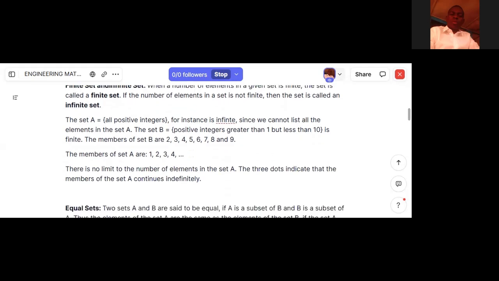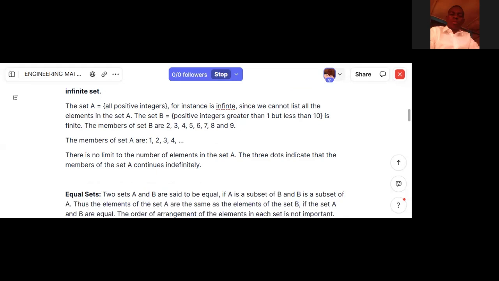Now for infinite sets that cannot be listed completely, we can simply say that set A, as seen in the first example, contains elements 1, 2, 3, 4, and we can use 3 dots to denote continuity of the set.